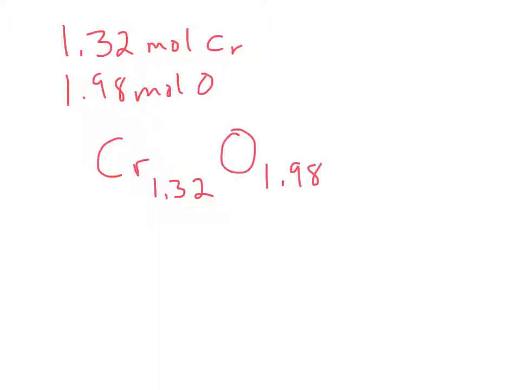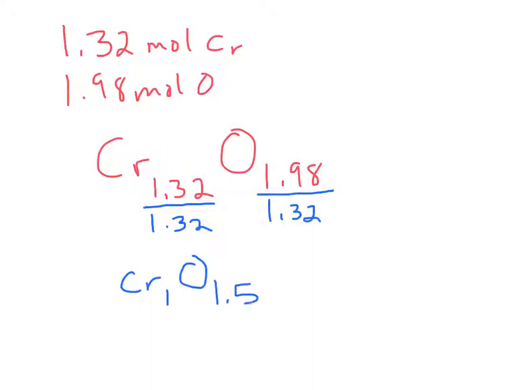And we've done the percent to mass, mass to moles. The next step is to divide by small. So we're going to divide both of these by 1.32. And that's going to give us chromium 1 and oxygen 1.5. So that's the divide by small. The last line in our rhyme is multiply till whole.